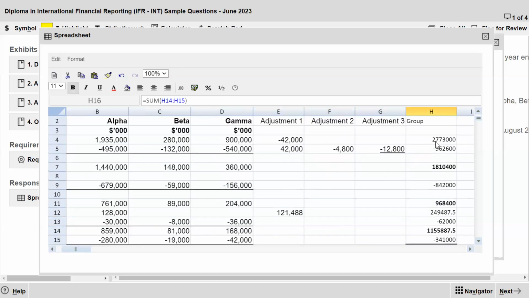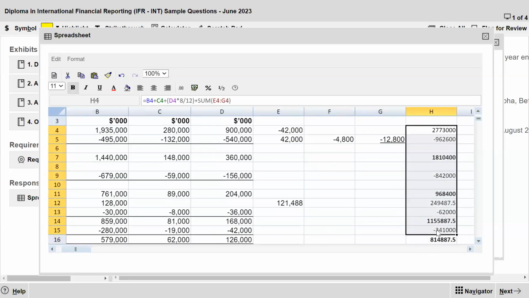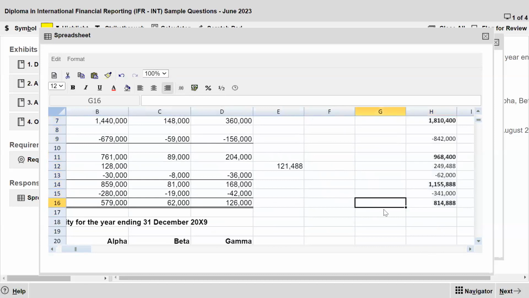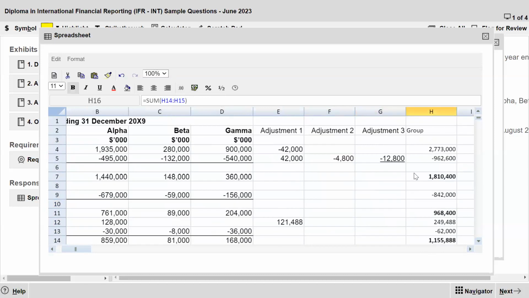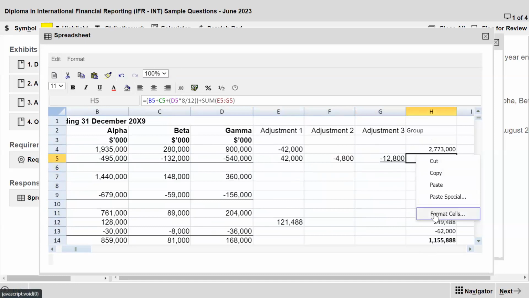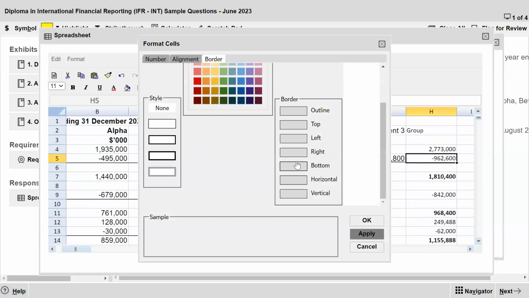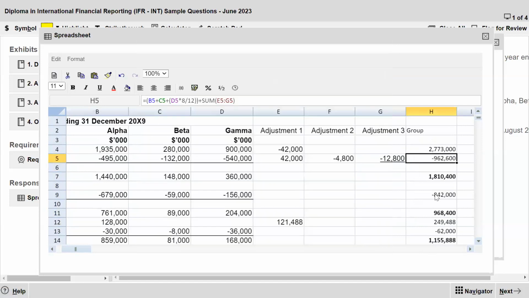Now, if I could just apply the formatting to it. So I've just applied the formatting to it. And let's just see that, okay, this is where you have got format cells. The border of the bottom has to be put in here.